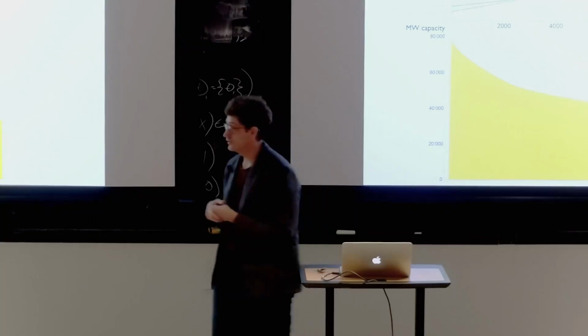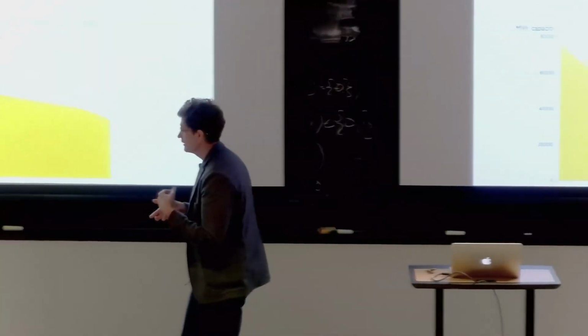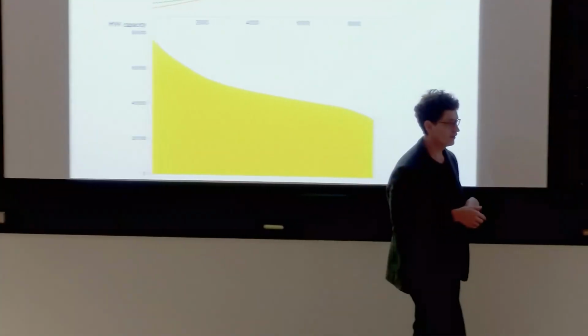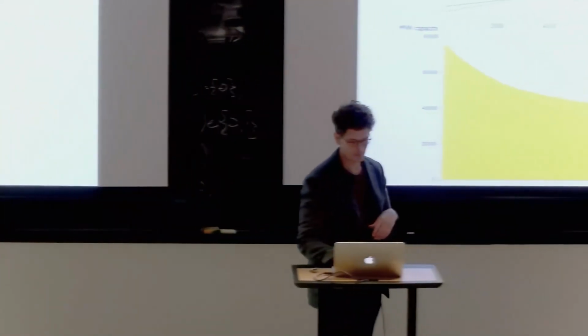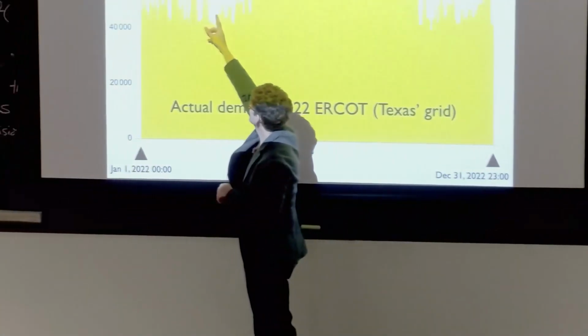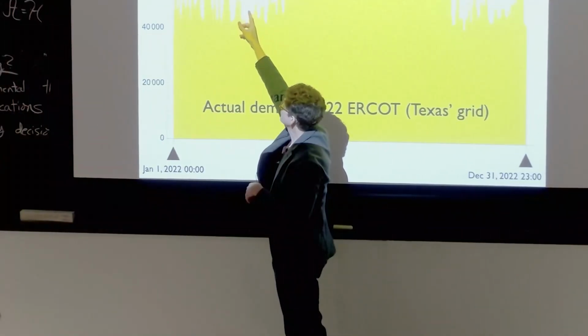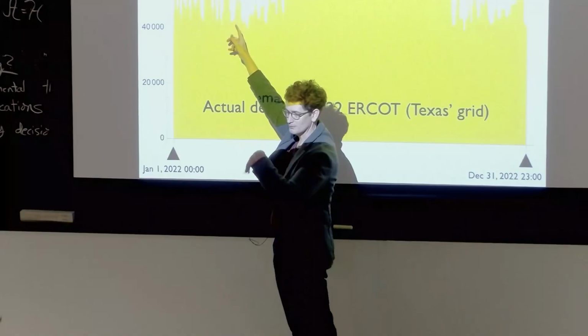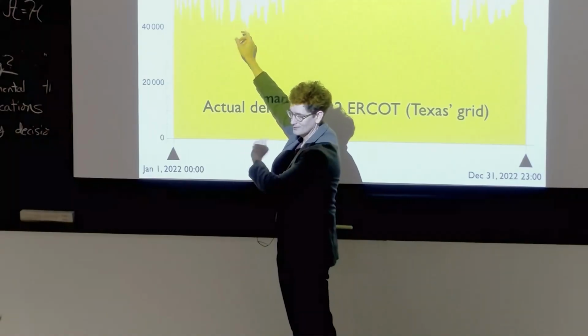And then what the grid operator does is they have all these models for what they think the amount of electricity demanded will be. So maybe they're here, and okay, we're going to need a little bit more power, and there's also a market for generators on standby to deal with anomalies.